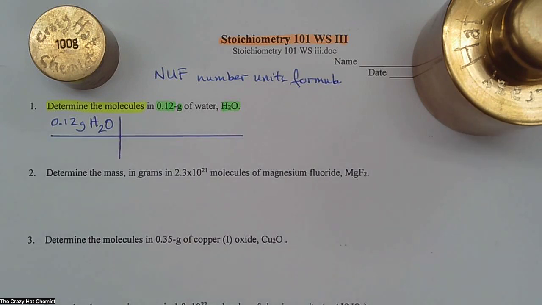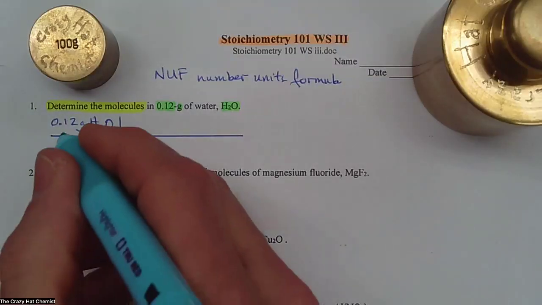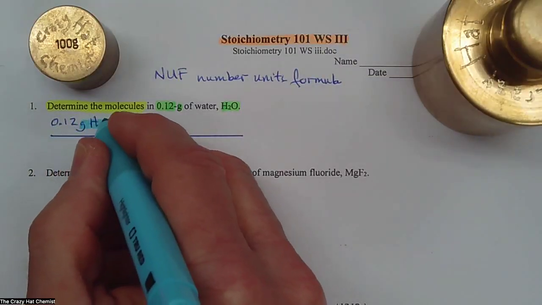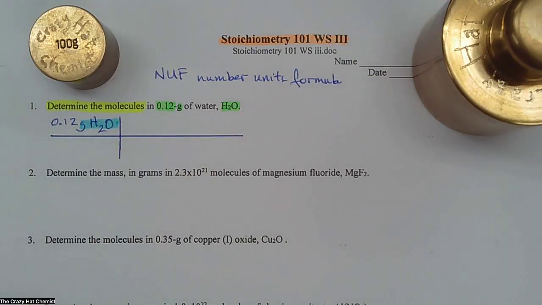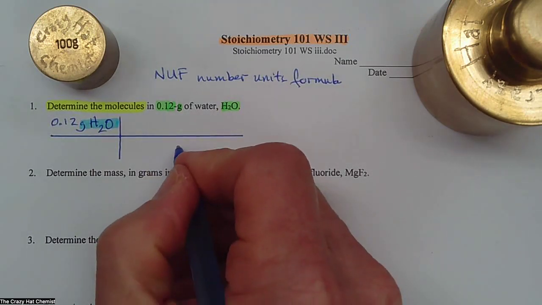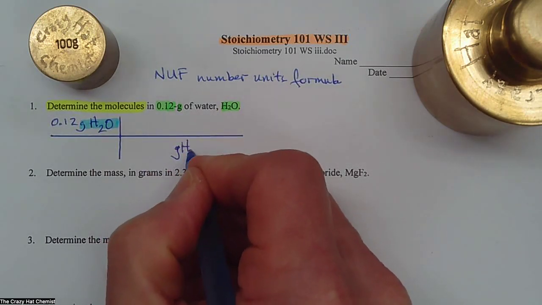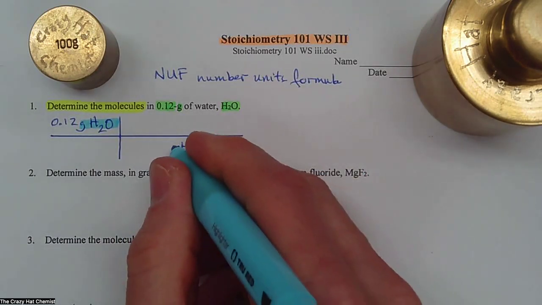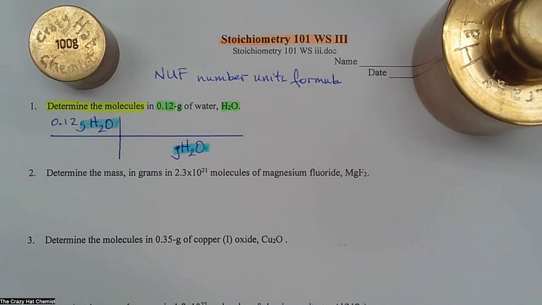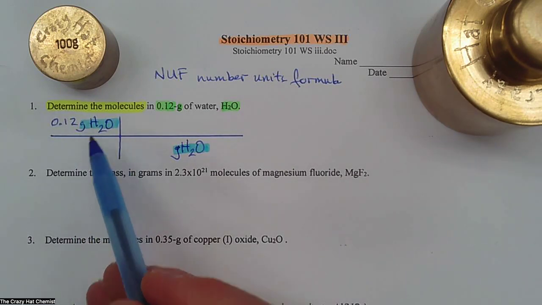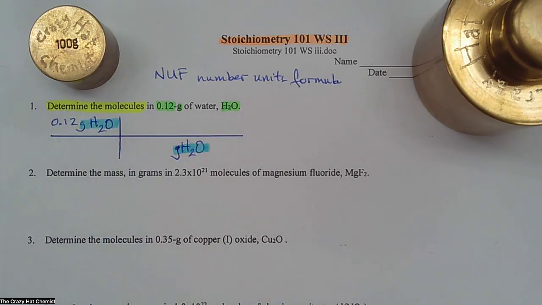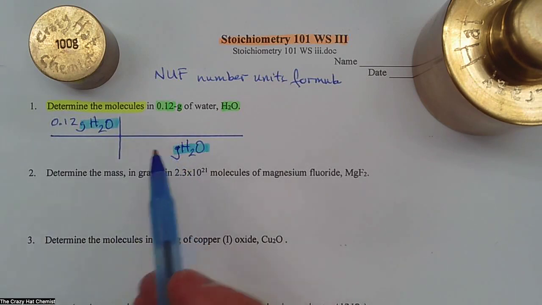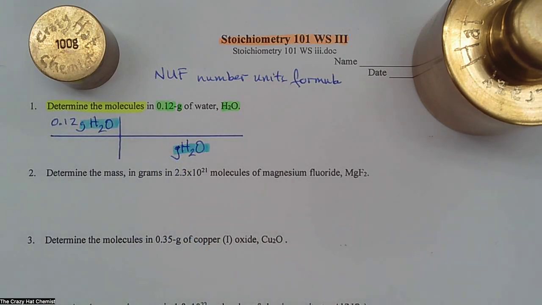And again, one of the major features of this whole process, dimensional analysis, stoichiometry, the unit conversion method, is looking at the units and formula that I have in the numerator. I'm going to have those same units and formula, that's grams of H2O, in the denominator of the next term. These two things must be the same. It's kind of like I'm going to take a picture of the grams of H2O and send it to a friend, and that friend is right here in the denominator of the next term.